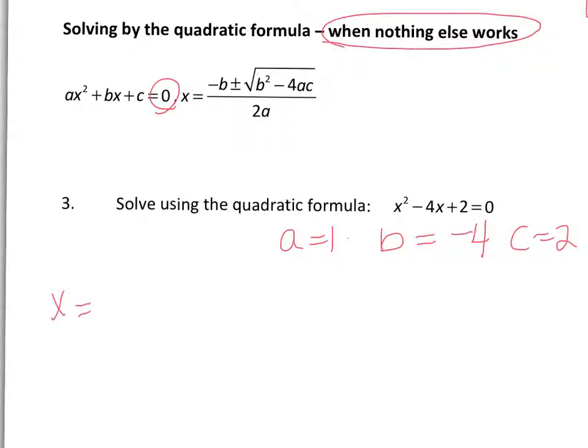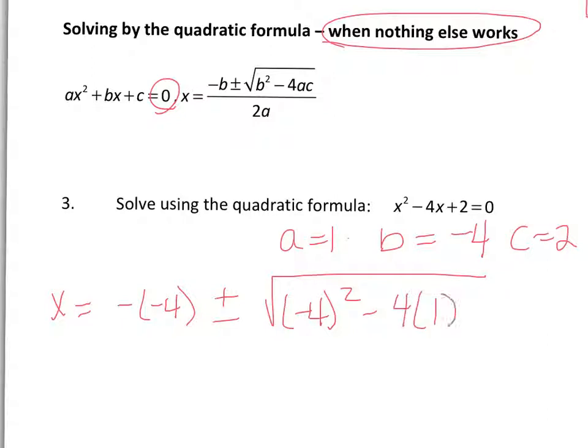X equals the opposite of b, so negative 4 plus or minus the square root of negative 4 squared minus 4 times a times c. So again, notice whatever I'm substituting, I'm putting in parentheses. And you're going to divide this all by 2 times 1.